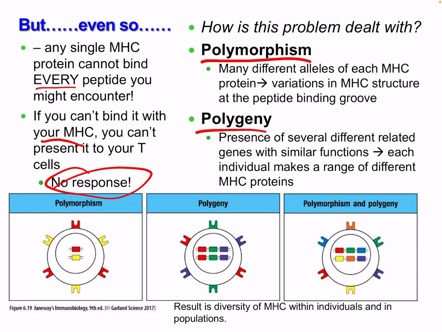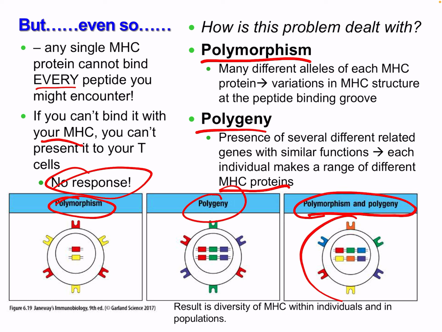Polygeny, the presence of several different related genes with similar function, allows each individual to make a range of different MHC proteins. Here's a picture depicting these phenomena. We usually have both at the same time, which allows for even greater diversity, so the result is diversity of MHC within individuals and populations.